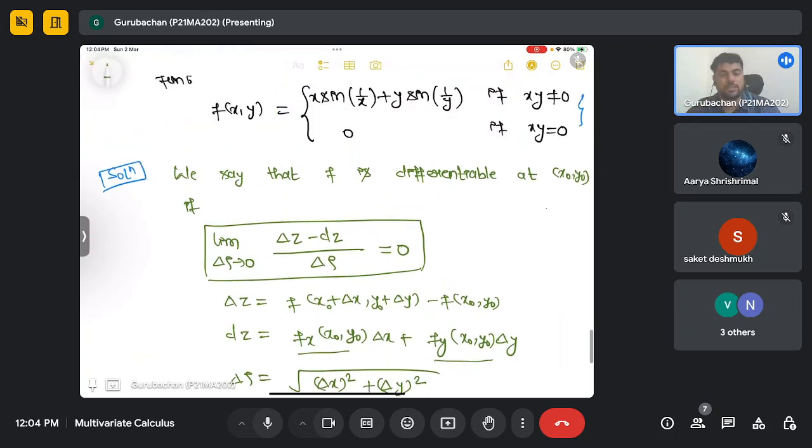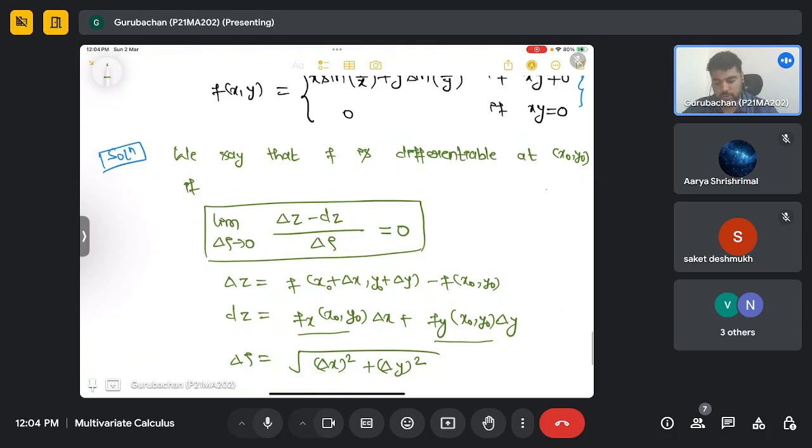So let us start with computing the partial derivative of f with respect to x at 0, 0.